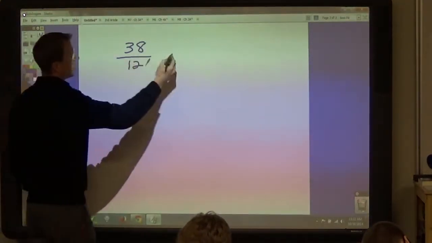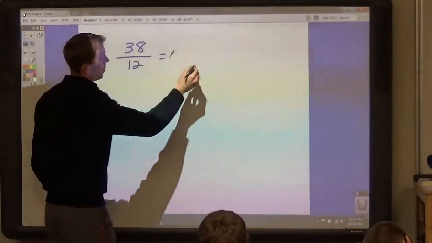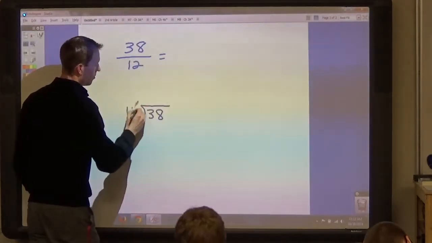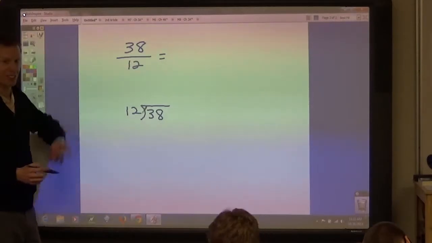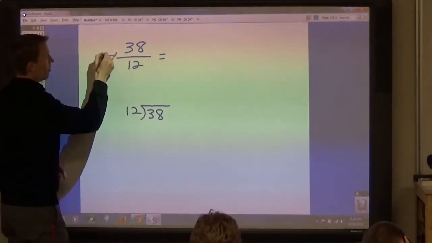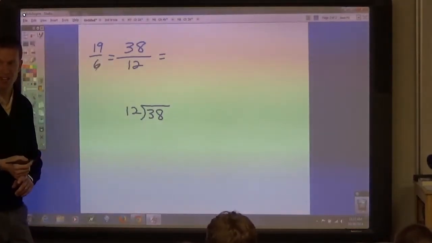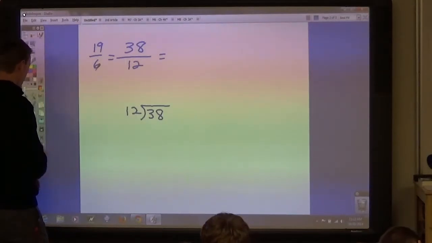How would you convert this to a decimal? 38 goes in the box, right? Yep, 38 goes in the box. Now you could reduce this first, couldn't you? Yeah, we should. 19 sixths might be easier to divide, right? All right, let's do 19 sixths.